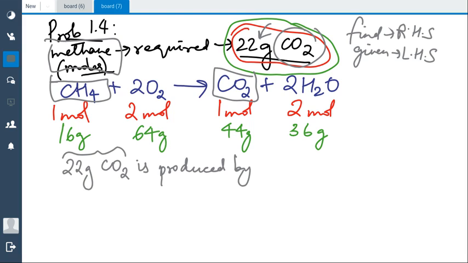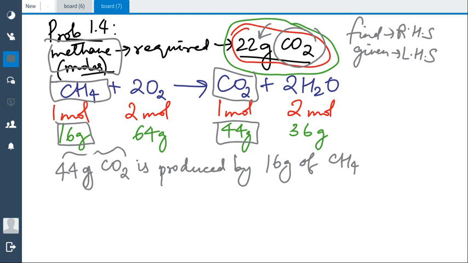Produced by, now see this. Sorry, I wrote it mistakenly. It's not 22. It is 44. Okay? So 44 grams of carbon dioxide is produced by 16 grams of methane.